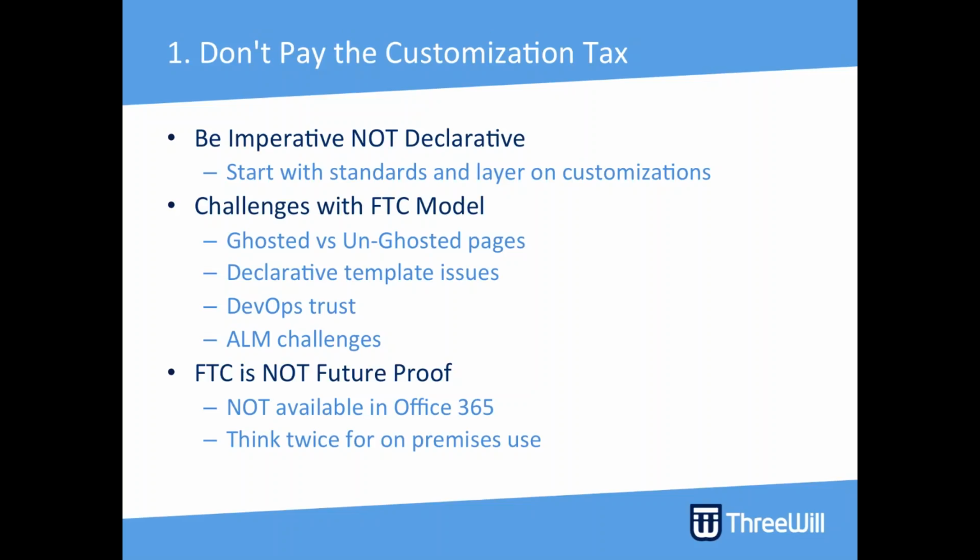So if I try to deploy those things and use templates the declarative way, sooner or later I'm going to have to write code to address that. And if anybody's been around SharePoint long enough, maybe I did a list schema and deployed a list, but sooner or later, if I wanted to change that, I actually had to write code to change things that were provisioned with that list template. So that's one of the things: you don't want to pay that customization tax.